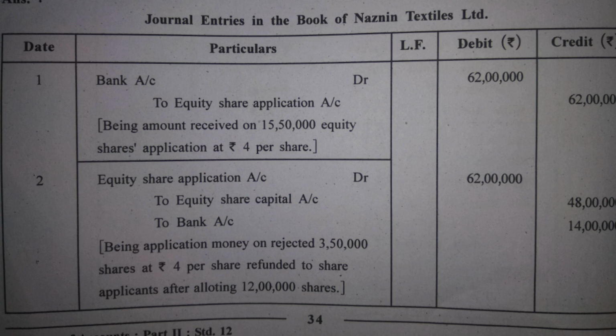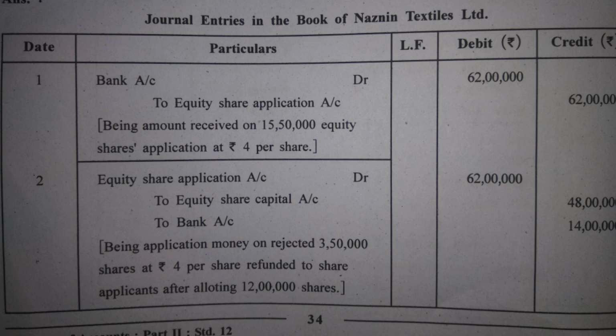Second journal entry is equity share application account debit to bank account. Which amount you are going to write in that? 3,50,000 into 4, because you have rejected 3,50,000 shares. Third journal entry, remaining 12 lakh applications. The application money received on remaining 12 lakh equity shares, that amount is to be transferred to equity share capital account.